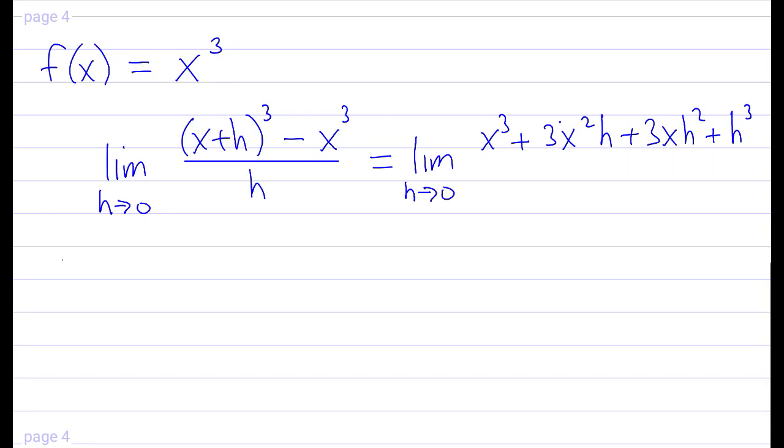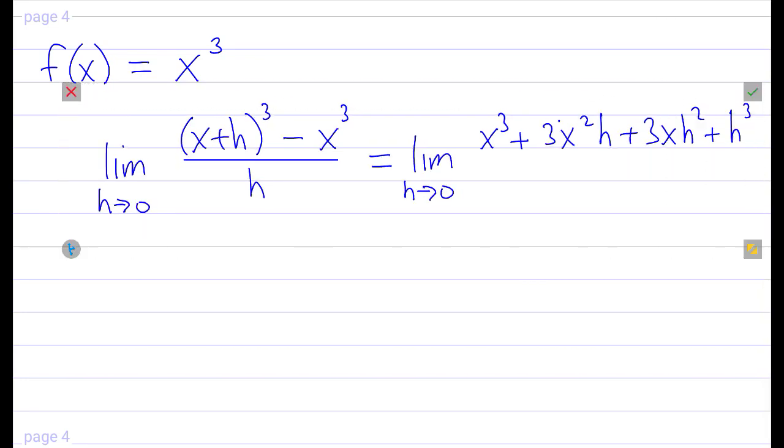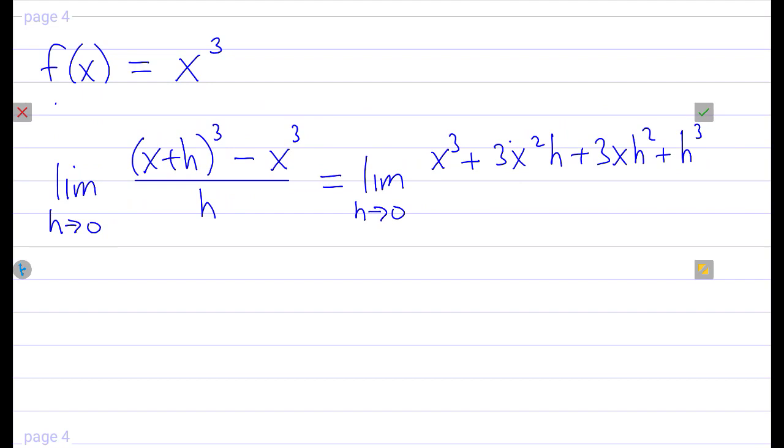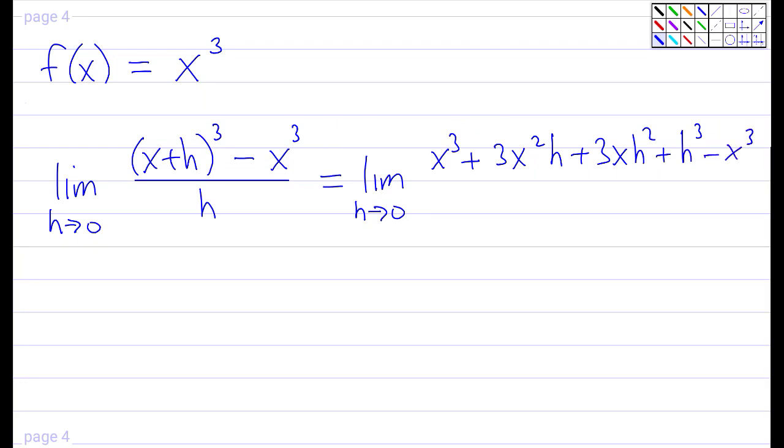And it looks like I've completely run out of space, so I'm going to give myself a little more space. Okay, that whole thing here was x plus h quantity cubed. I still have to subtract off x cubed, and then I'm going to divide that whole nasty mess by h.